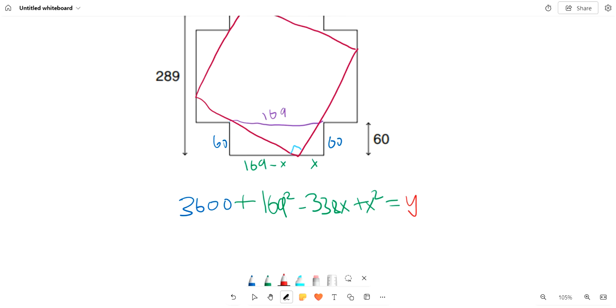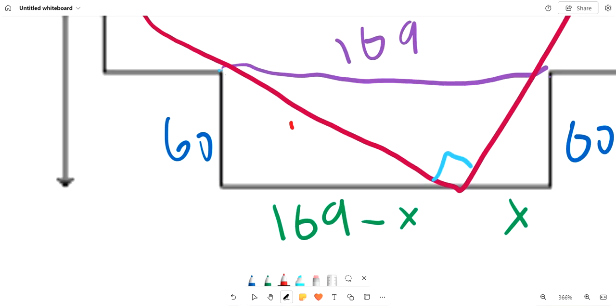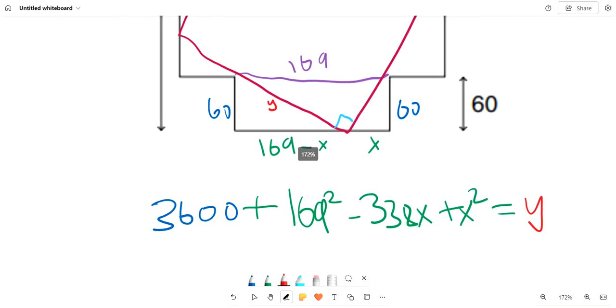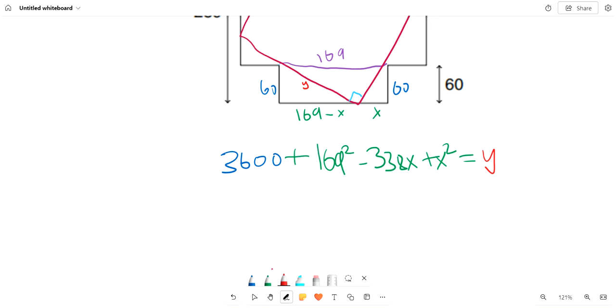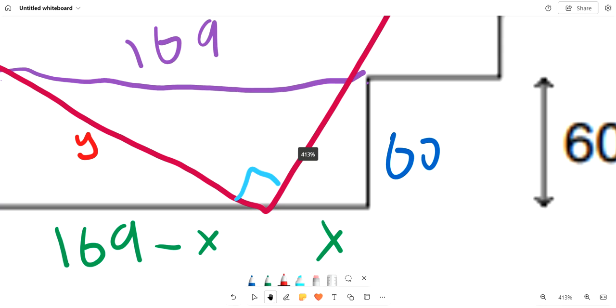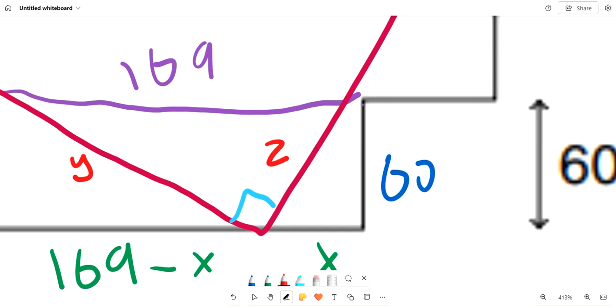And then we also know that x squared plus 3600, which is just 60 squared because we're applying Pythagorean theorem, equals, let's say, z. If this is z, label this part z.